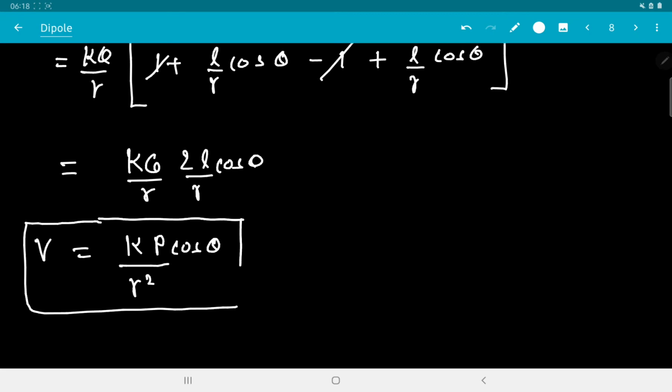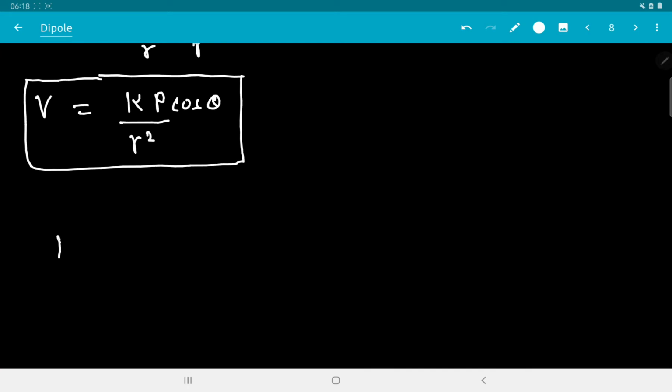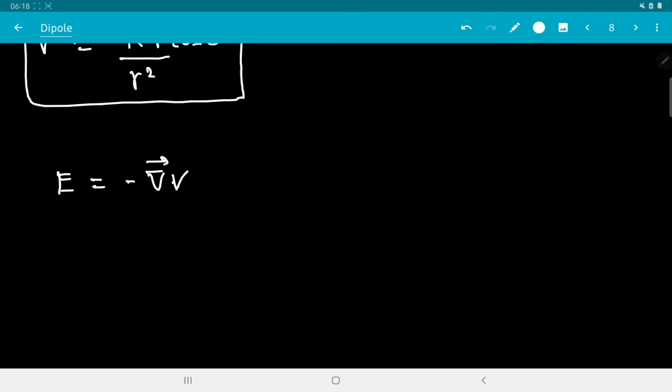Now from this we can easily derive the equation for the electric field, by using the relation that the electric field is equal to the negative gradient of the potential. So let us apply this. Let us take the negative sign outside.